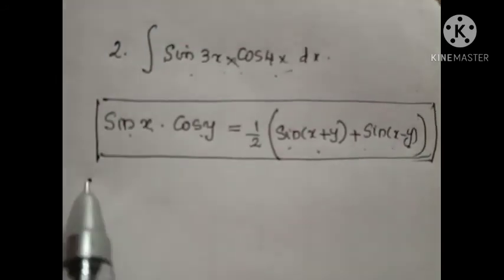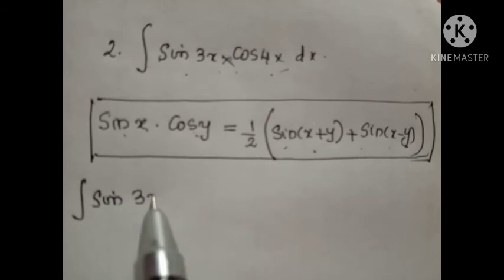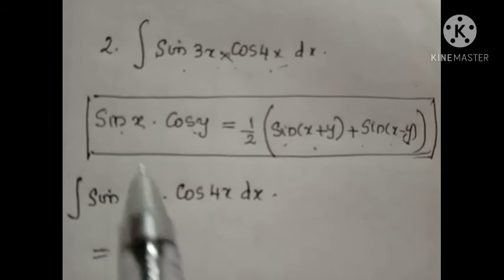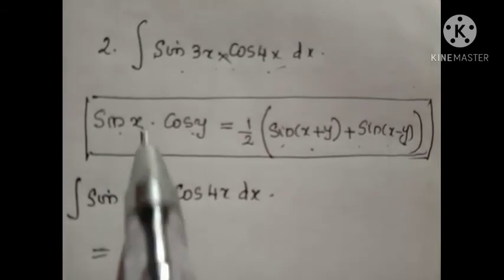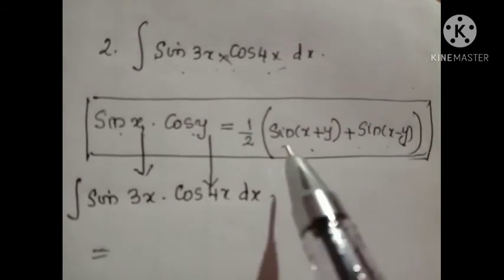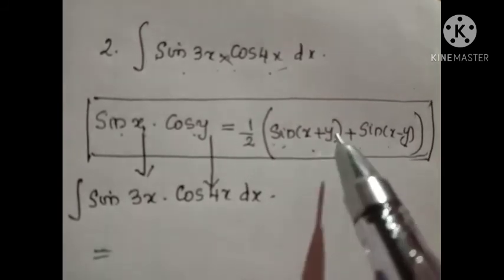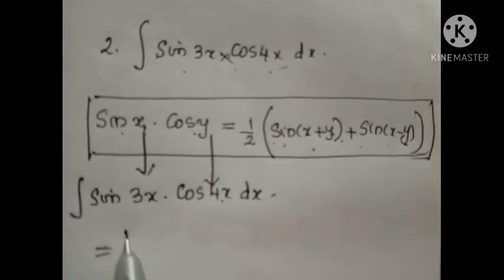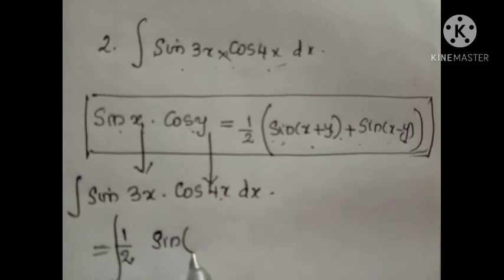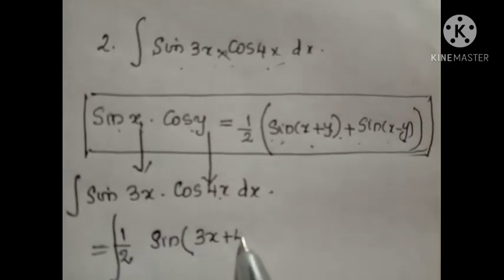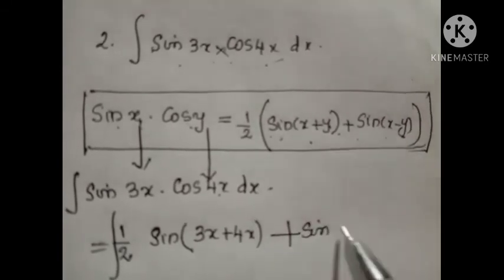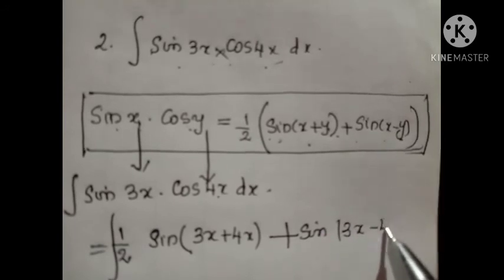So what is the integral of sin 3x into cos 4x dx? In place of x it is 3x, in place of y it is 4x. So just replace x equal to 3x, y equal to 4x. So this becomes the integral of half into sin 3x plus 4x plus sin 3x minus 4x.